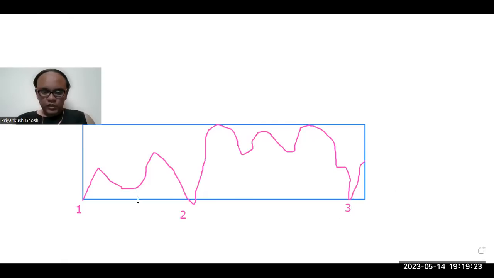This is three. Okay, so one, two, three. These three times it has touched the lower end of the rectangle. Okay, now what about the upper end?